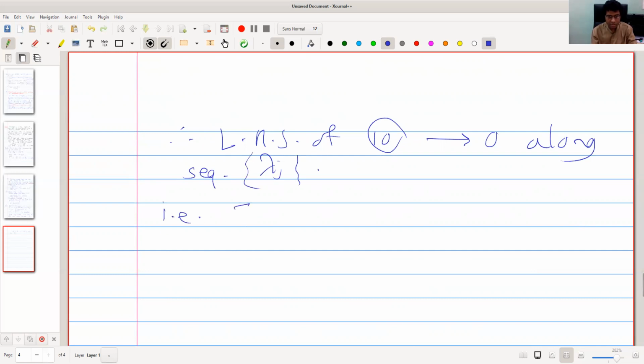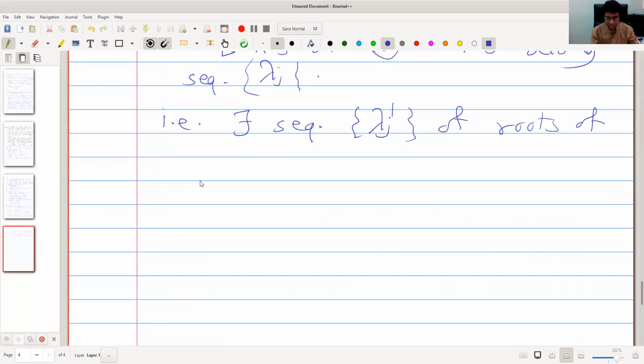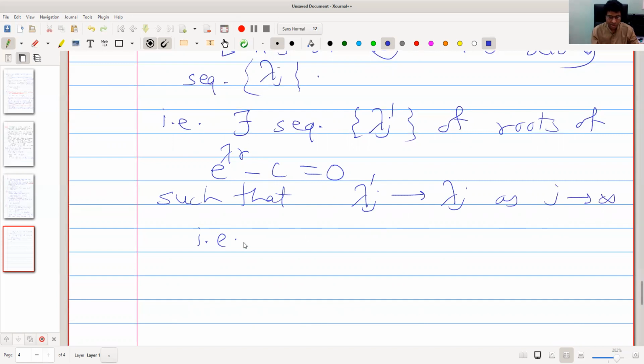That means there exists a sequence lambda j dash of roots of the left hand side equation, that is e raised to lambda r minus c equal to 0, such that lambda j dash is tending to lambda j, that is, lambda j minus lambda j dash tends to 0 as j tends to infinity. This proves the result.